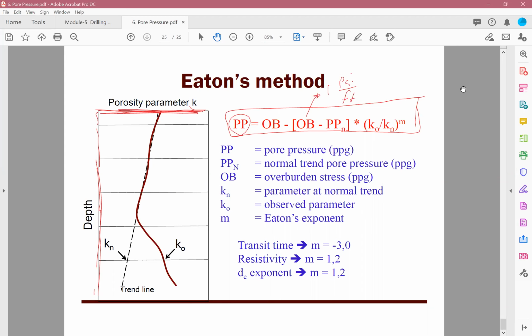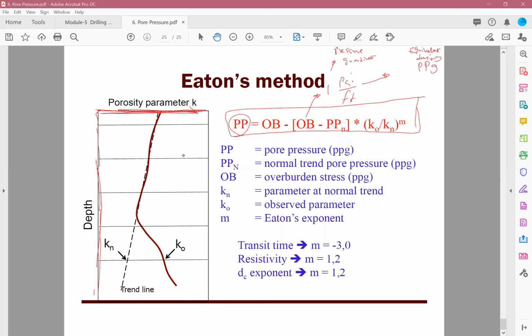Is it like 51? No, this is 1 psi per foot. I want to convert it to pounds per gallon. How do I convert this pressure gradient to an equivalent density?